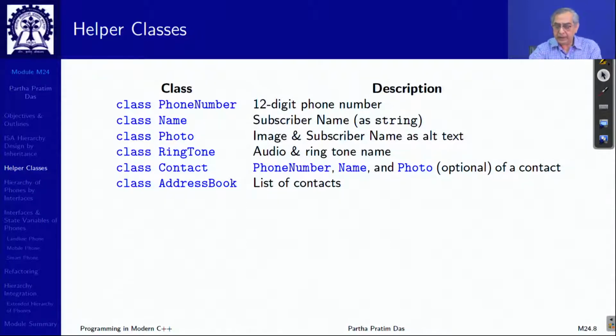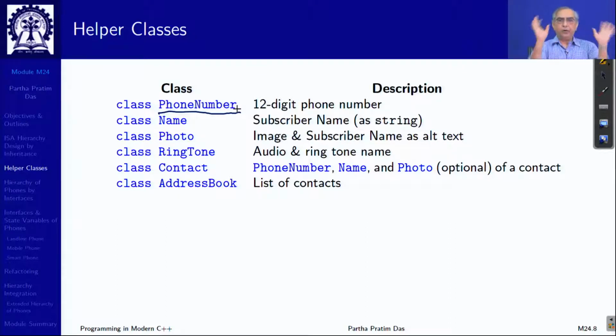So, for example, since we are dealing with phones, naturally, irrespective of where I am in the hierarchy, what type of phone, you will need to deal with phone numbers. So, I want to define a class for phone number, which keeps a 12-digit phone number. There could be further details inside this class, which say whether you have an international country code, whether you have an STD code as a part of it, or it is just a mobile number, whether you have any other kind of structuring information in the phone number and so on.